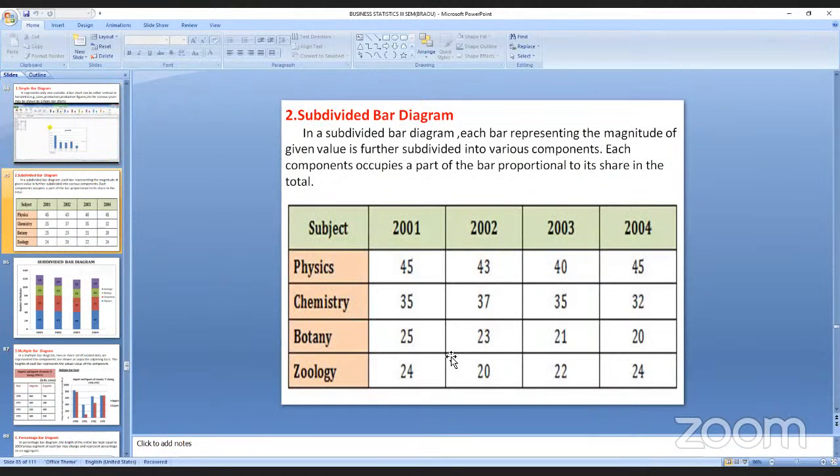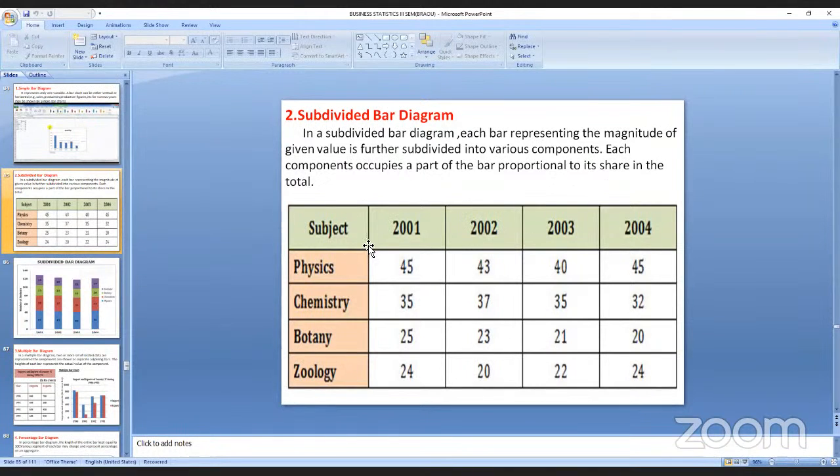In a subdivided bar diagram, each bar represents the magnitude, the value of the total, further subdivided. You take one bar only, but you have to divide it; each component part will be covered proportionate to its share in the total.